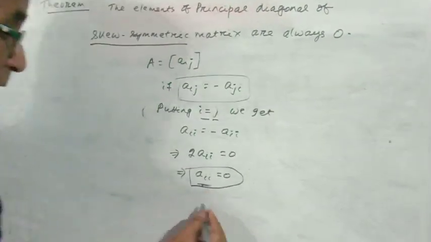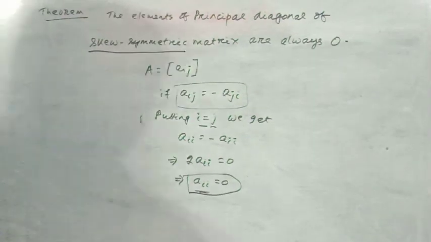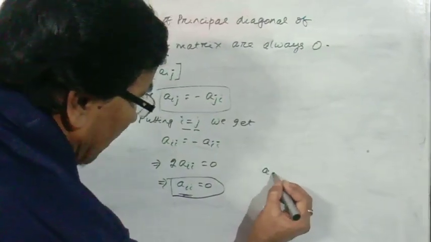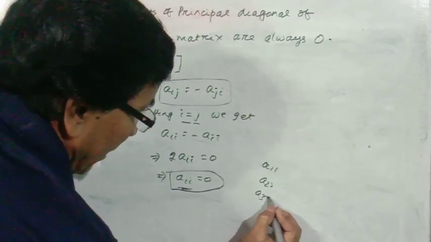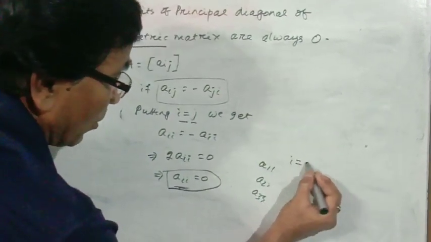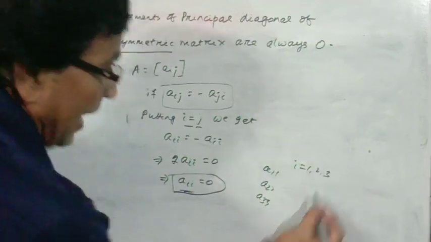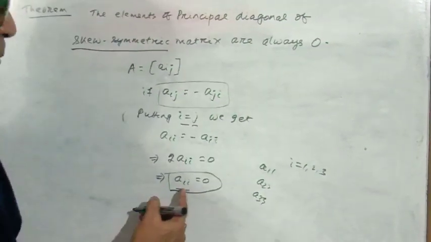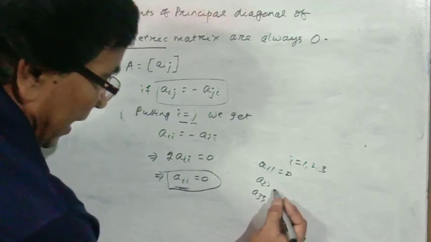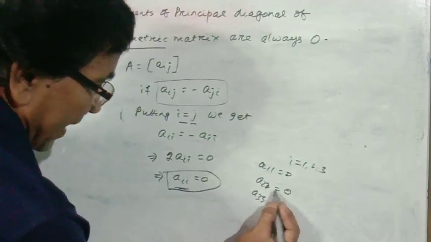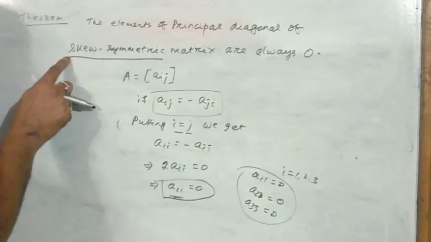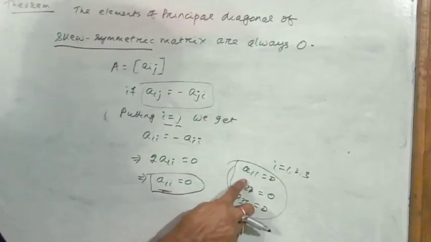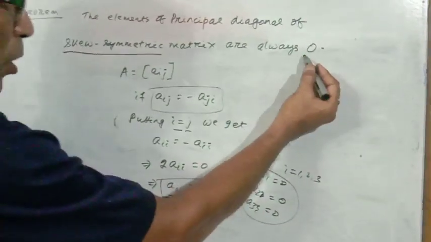These are the elements of the principal diagonal because it represents A11, A22, A33. If we take i is equal to 1, 2, 3, then A11 must be 0, A22 must be 0, and A33 element must be 0. So we are getting that in a skew symmetric matrix, the elements of the principal diagonal are always 0.